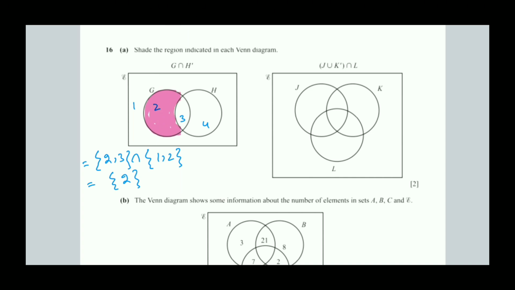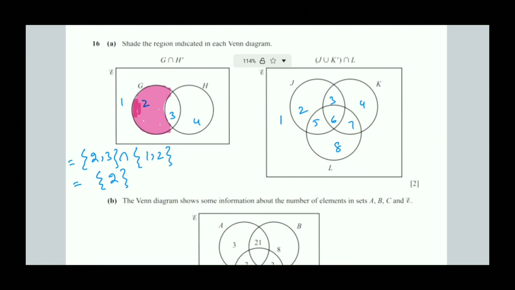This is a very easy and simple way to shade any part of a Venn diagram. Okay, next question. 1 2 3 4 5 6 7 8. So I will find J union K complement intersection L. J union K complement means J is 2 3 5 6.